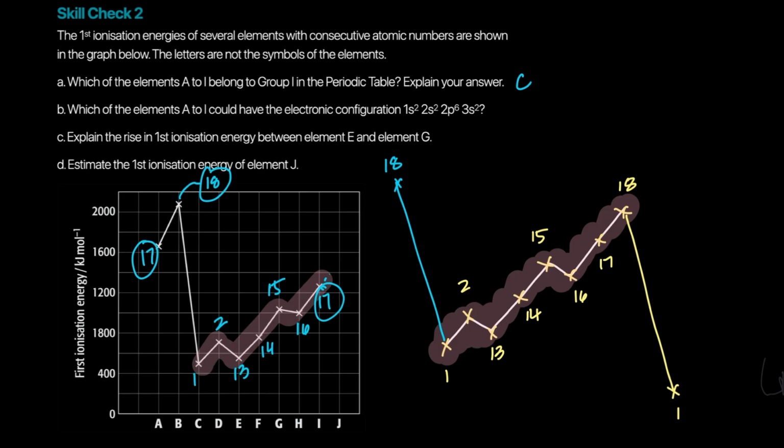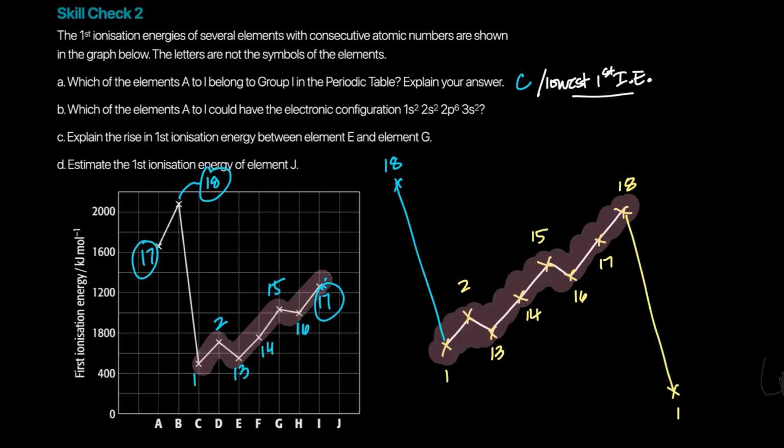The lowest ionization energy for any element in any period is always group 1. So the idea is it has the lowest first ionization energy. That's why, by the way, they are the most reactive metals, because they need the least amount of energy to react. And in O levels, you study that, don't you?